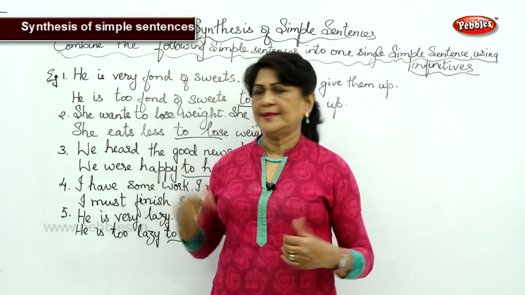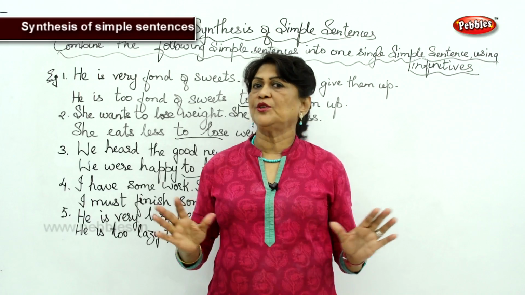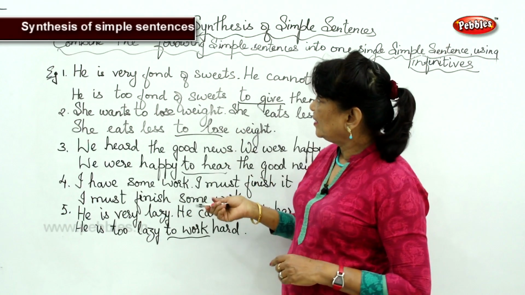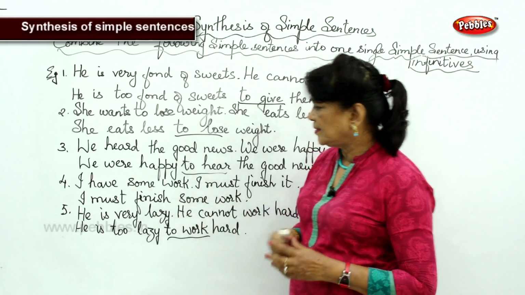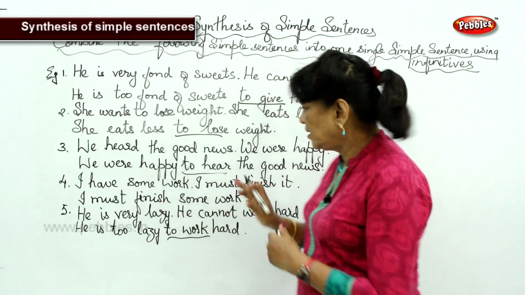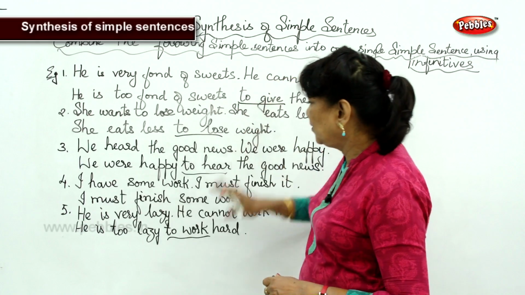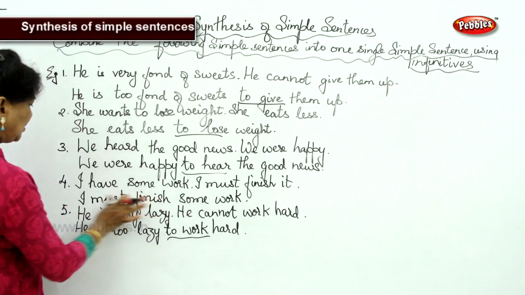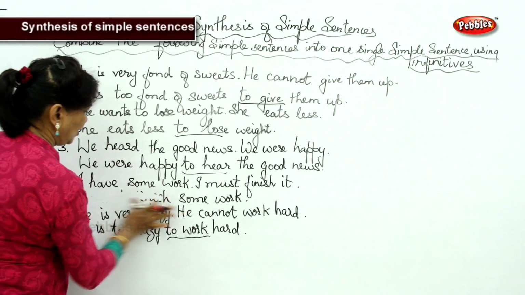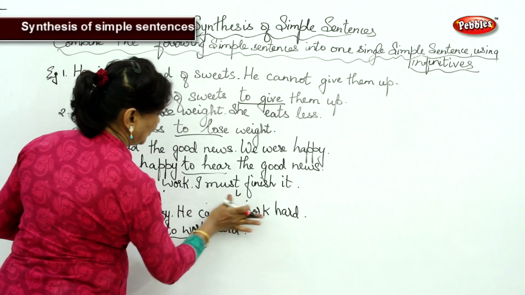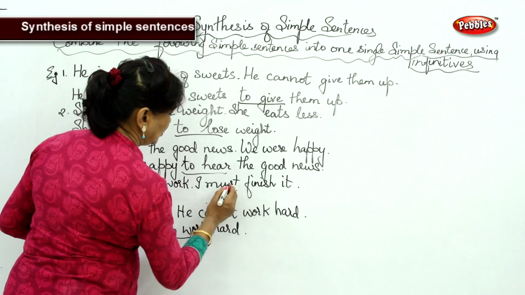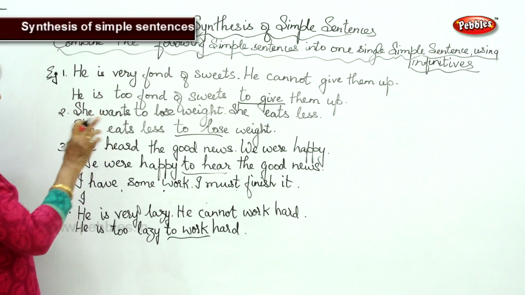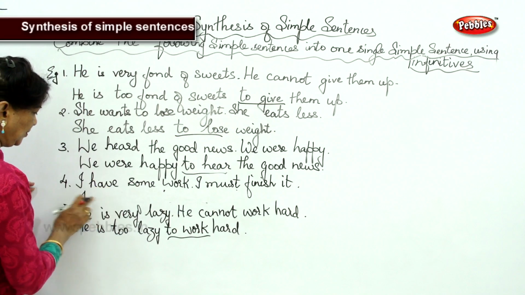Okay, we will move on to the next set of synthesizing, and I presume that you are clear with this. I have done these 5 sentences, but the 4th sentence I can write in a different way using the infinitive. I have some work to finish. Because I have written infinitives, I have to use the infinitive here.